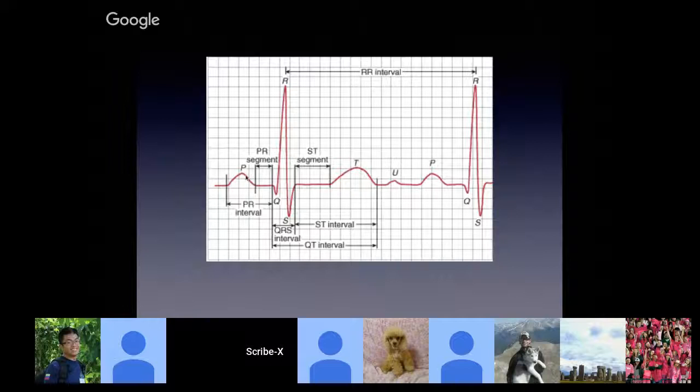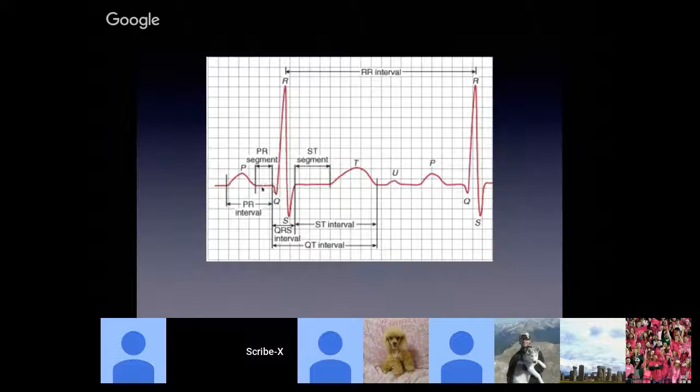So the atria contract and pump blood into the ventricles, and that atrial muscle contracting gives rise to the P wave. And this is a relatively little wave. The reason it's little is because the atrial walls are thin. Not a lot of myocytes contracting to give rise to this wave.